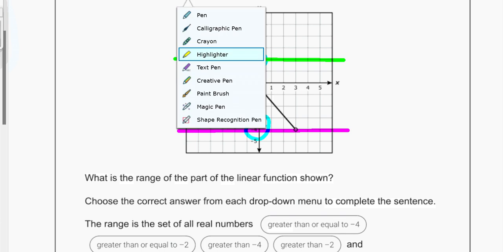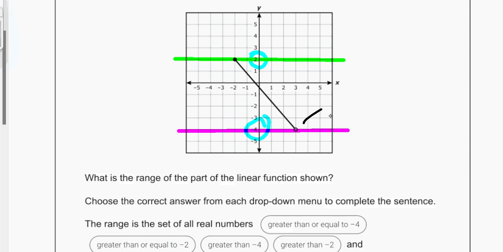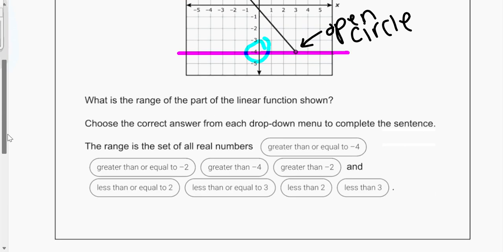And I also have an open circle here, which means it's not equal to. So all my numbers are going to be greater than -4, but not equal to -4. So the range is the set of all real numbers that are greater than -4, not equal to, so not that one.